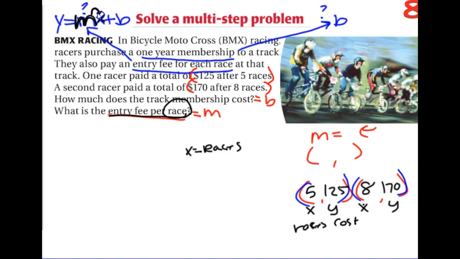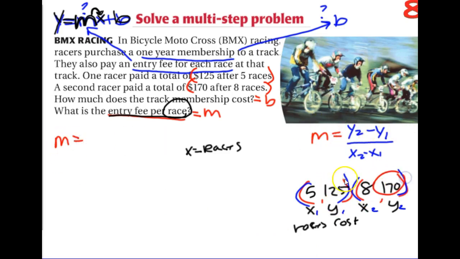The entry fee per race plus your one-time fee would give you your total cost, Y. So first let's find our slope. Here's my first point, here's my second point, and let's plug them into our slope formula. x2 minus x1. There we go. So our slope, y2 minus y1, 170 minus 125. And then on the bottom, x2 minus x1, or just 8 minus 5.